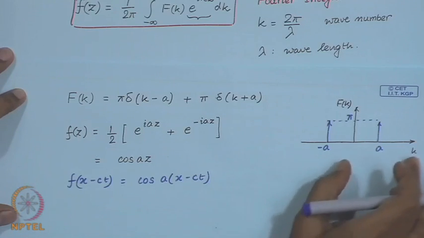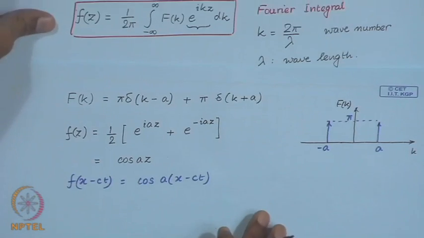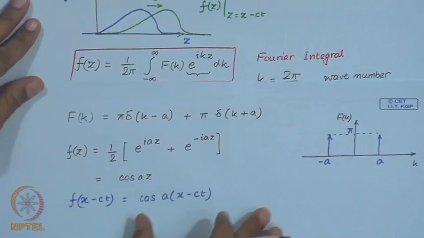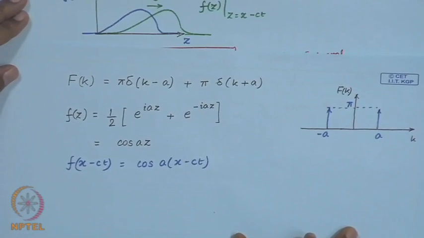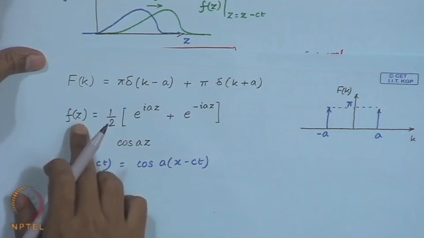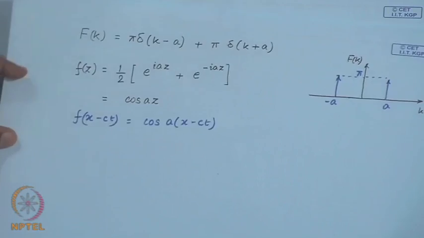So, in the Fourier space, like this you can represent different kinds of functions, and correspondingly find their propagating representation by replacing this variable by x minus ct or x plus ct, as the case might be.